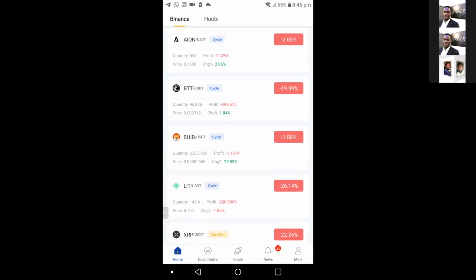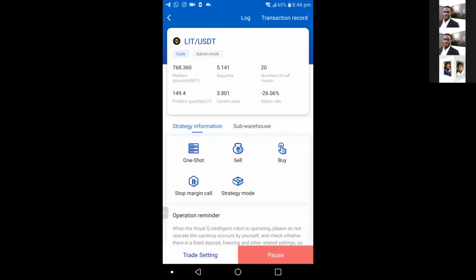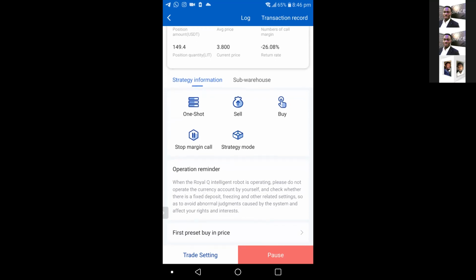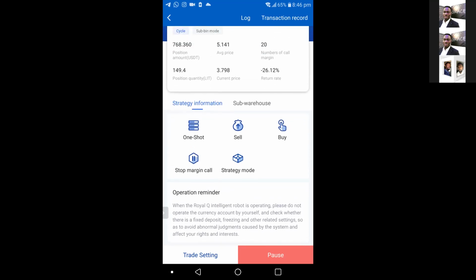Now, I had somebody that joined when I was in Port Harcourt about 3 weeks ago. It's 3 weeks on Friday. Somebody joined, an elderly woman who didn't know anything about cryptocurrency trading. She just wanted to start with $300.